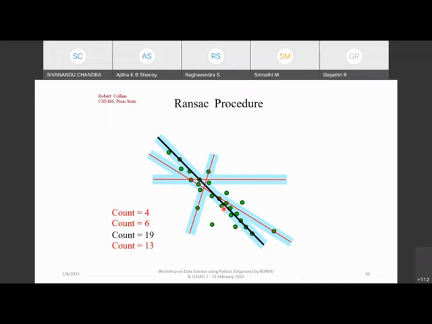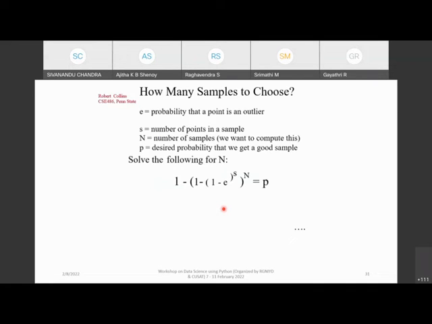Now the question is how long you are going to do these things, how many times you are going to run this procedure, because you randomly select 2 points and keep on doing like that. If there are n points, and you finally choose all the pairs, it will take nC2 iterations. If n is equal to 1000, then it will be 1000 choose 2, which is a very big number of iterations, right?